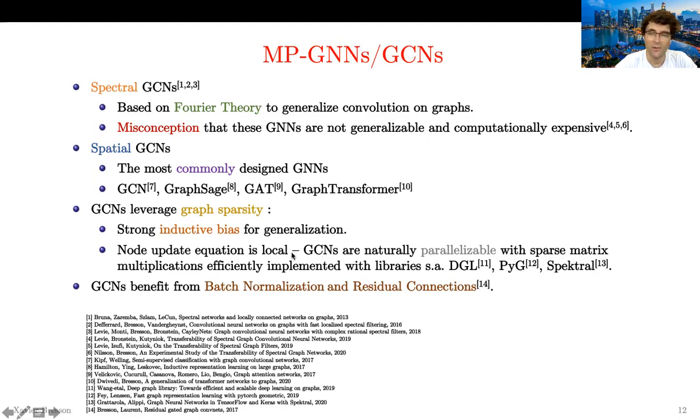The node update equation is local, which means like traditional convnets, you can parallelize the operation. But here you need to consider sparse matrix multiplication, so you need some specialized library like DGL, PyTorch Geometric, or Spektral. Finally, GCNs benefit from batch normalization and residual connection.